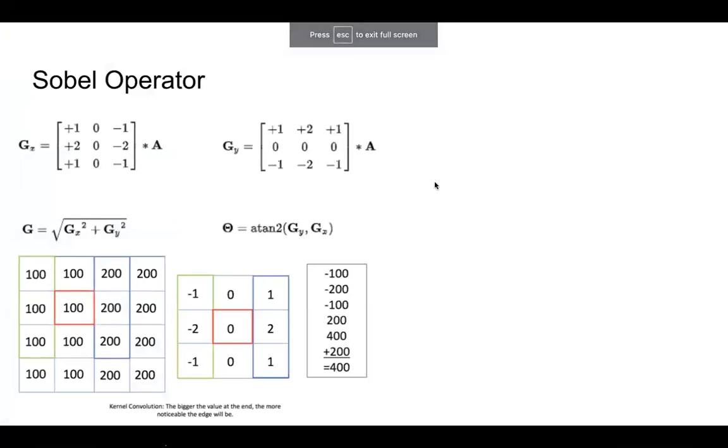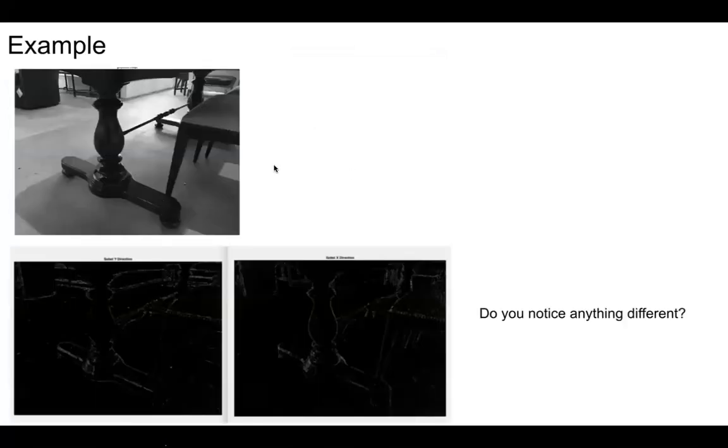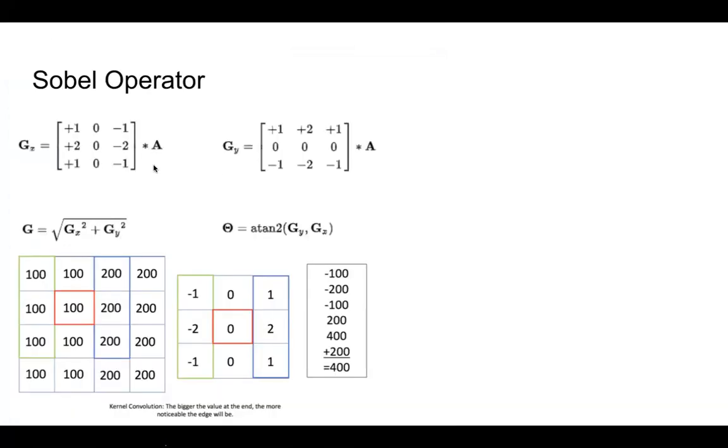And this Sobel operator, this star sign is something we use to denote convolution. So we convolve our Gx filter to filter all the vertical edges, and Gy to filter all the horizontal edges, and the magnitude of this can be calculated using the square root of Gx squared plus Gy squared.